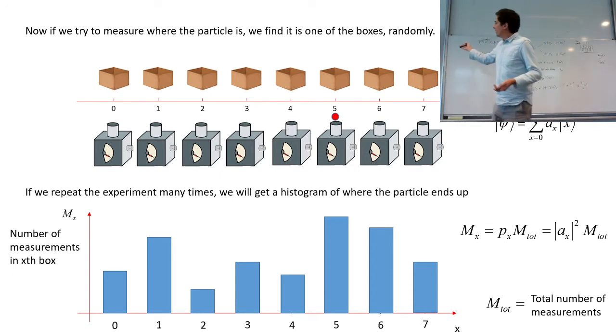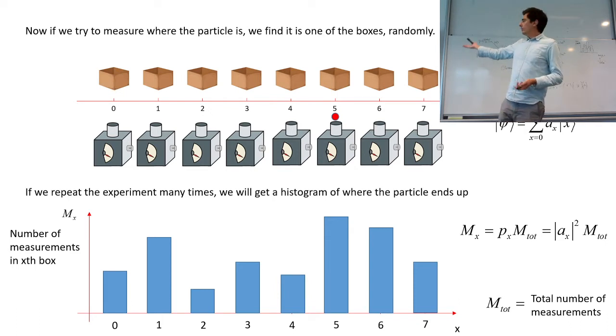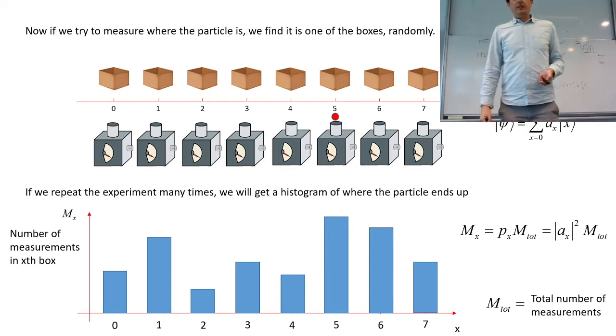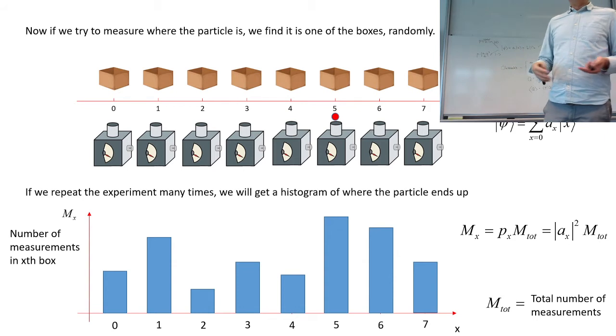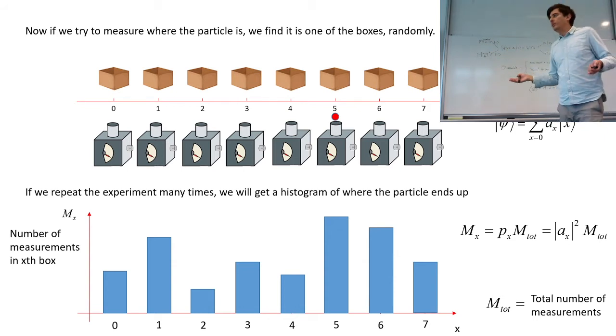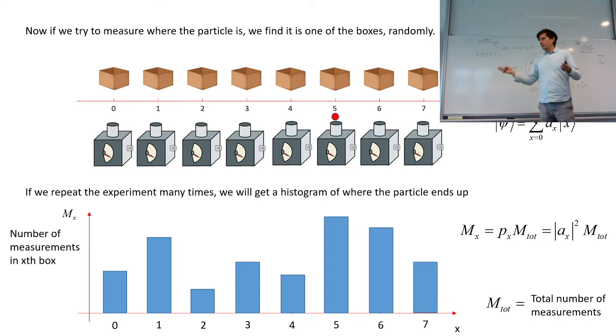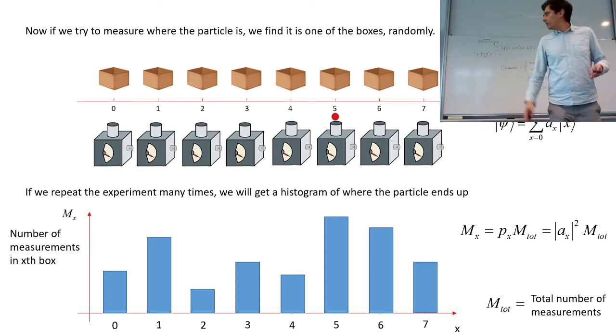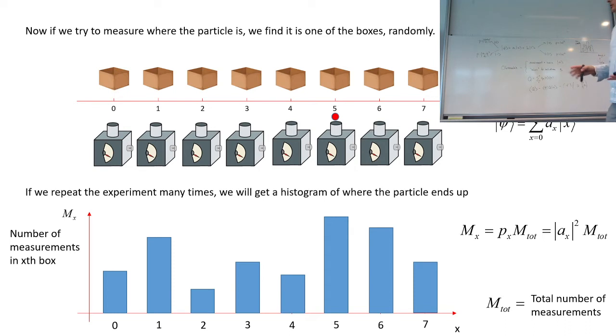That one had units of meters, but if I was measuring some other quantity, it could have other units. If I'm measuring momentum, it would be units of momentum. Energy would be in joules, and these numbers can be big or small. They're observables, so they should be real numbers.